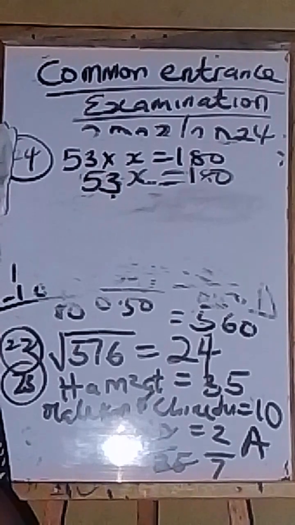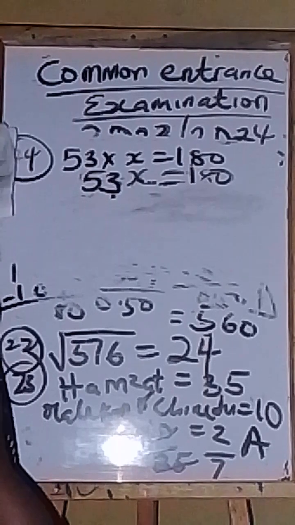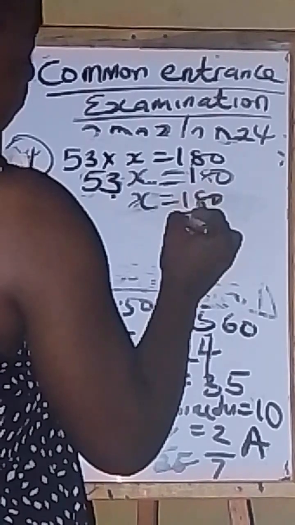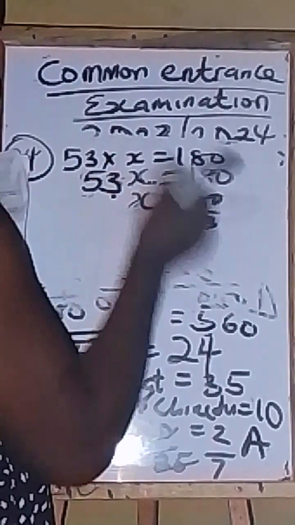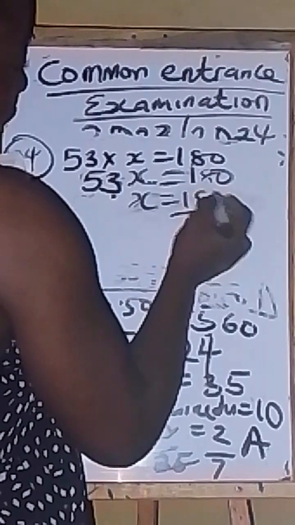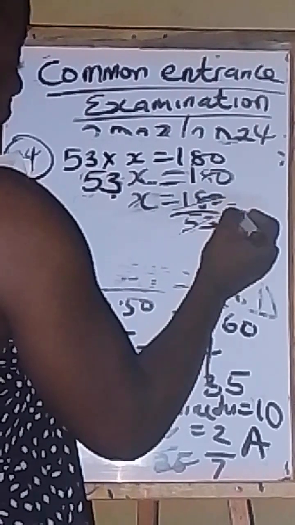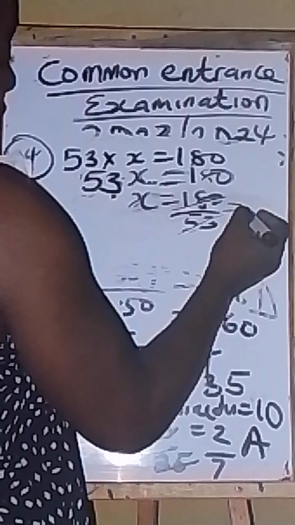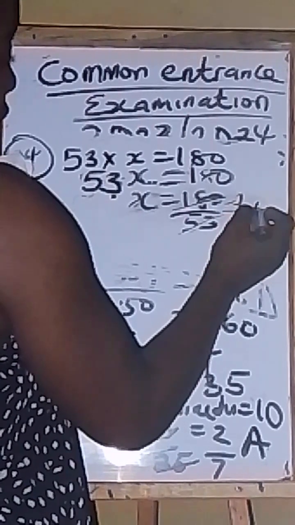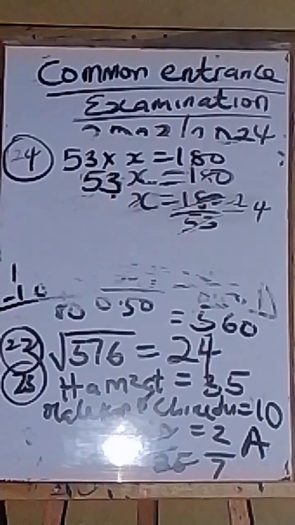So let's say x equals 180 divided by 53. 53 in 180, that's approximately 4. No, it's not up to 4, but we assume it is 4.